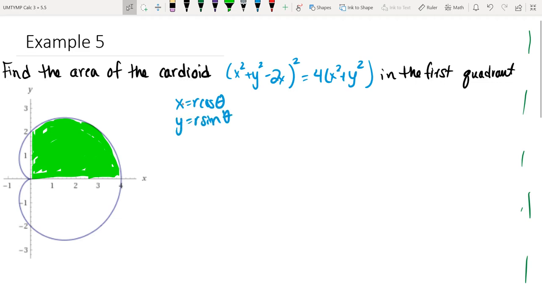Now the idea here is that with this change of variables, we certainly have to look at the restrictions for theta and the restrictions for r. It's probably safe to say that if we're in the first quadrant, theta is going to be between 0 and pi over 2.